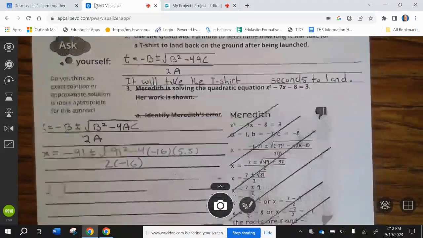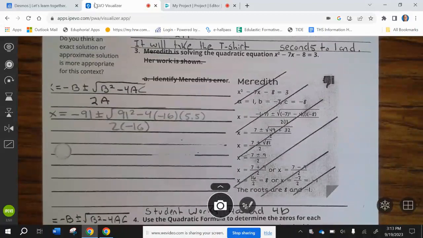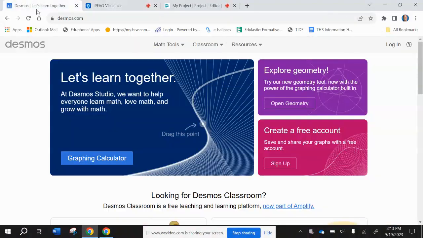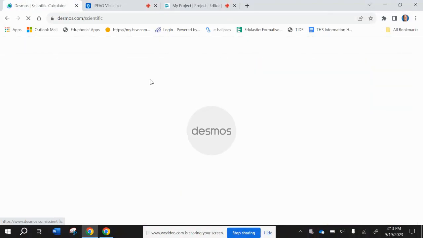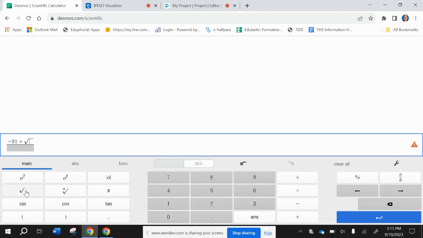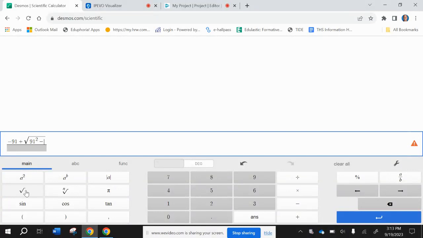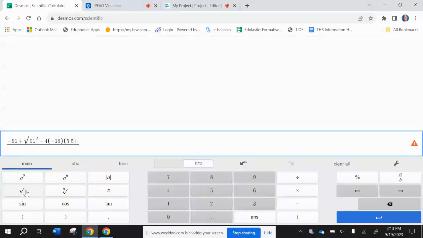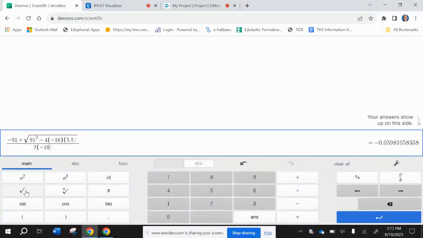Okay, so let's go ahead and plug that into Desmos. I'm going to go to Scientific Calculator, press the divide key first, negative 91 plus square root of 91 squared minus 4 times negative 16 times 5.5, divided by 2 times negative 16.